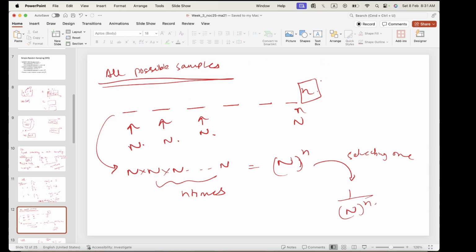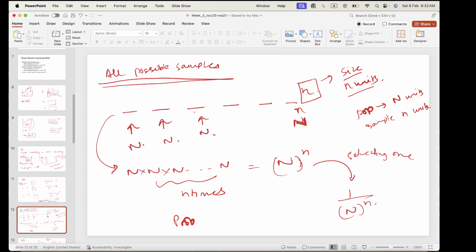The sample size is small n units, and the population contains capital N units. So the population has capital N units, and my sample should contain small n units.